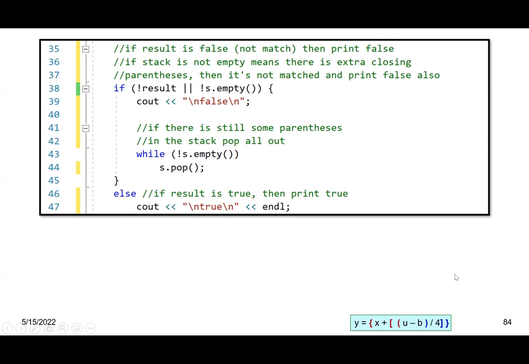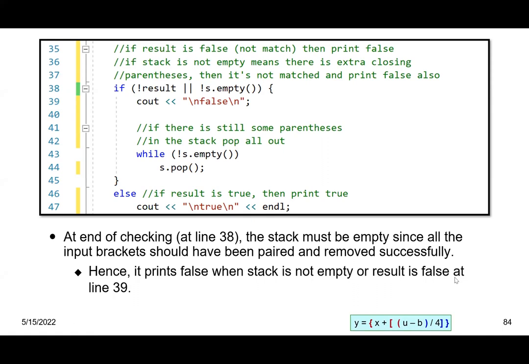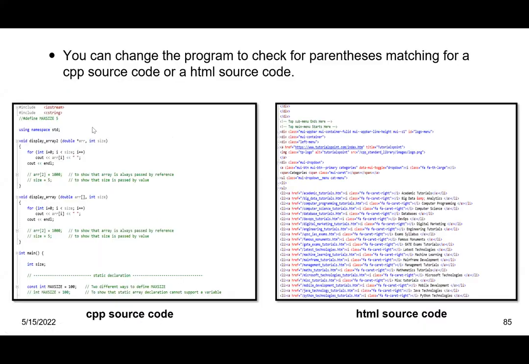In this mathematical expression. But you can also extend the program that I showed you just now. You can use it to check even source code, like for example our CPP source. After you write it, what do you do? You compile, right? What is the purpose of compiling? Because we want to check whether our syntax is correct or not.